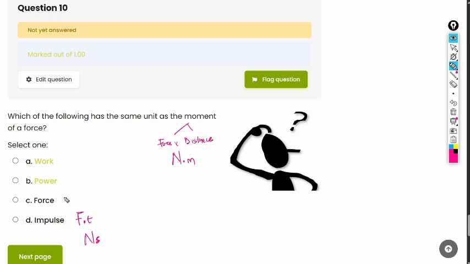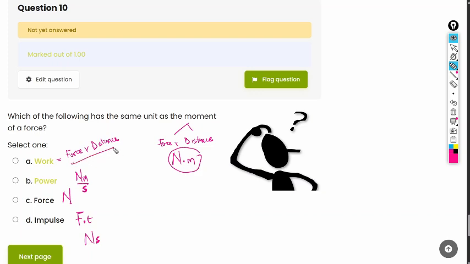Force is just newtons. Power is work over time, which is joules per second or Newton meter per second. But the one that has just Newton meters is work, because work is what? Force times distance also.